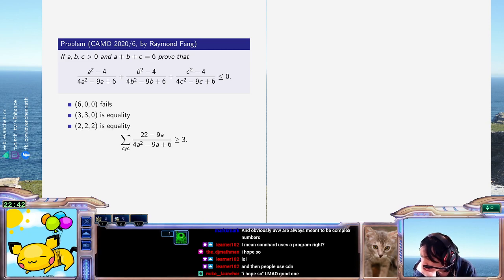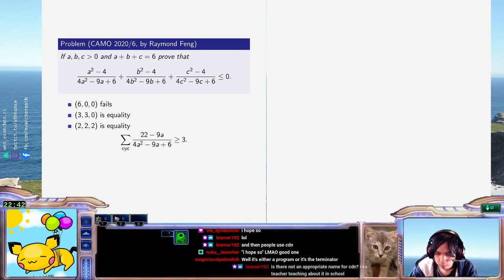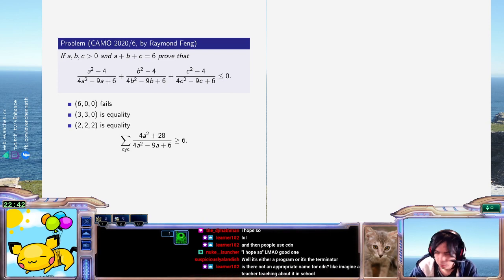Actually, that's not much better. Do I want like 4a squared plus 28? Feels a little unnatural to me. Okay, so a squared plus 7. Alright, cool. That makes all of the numerators positive.